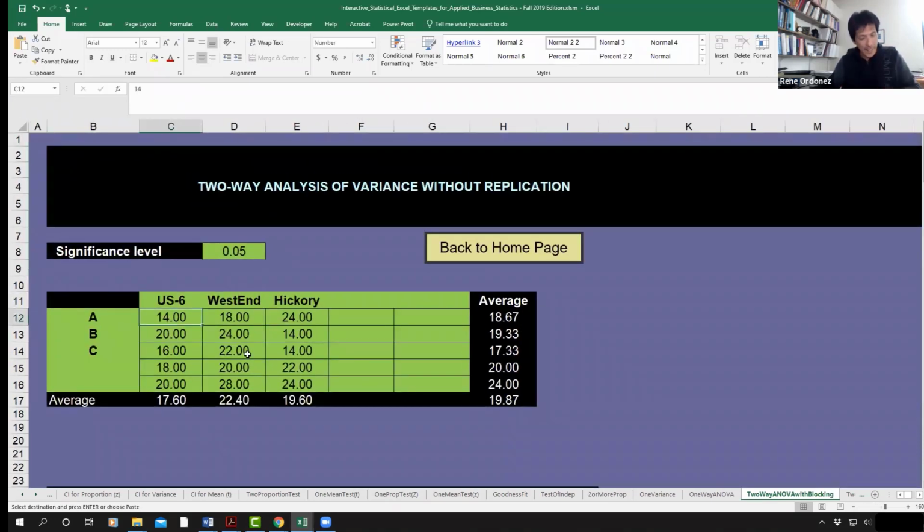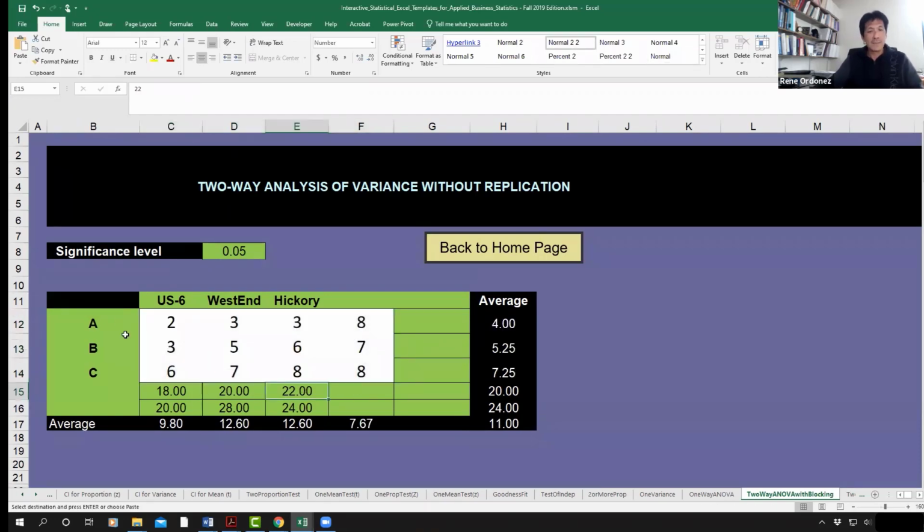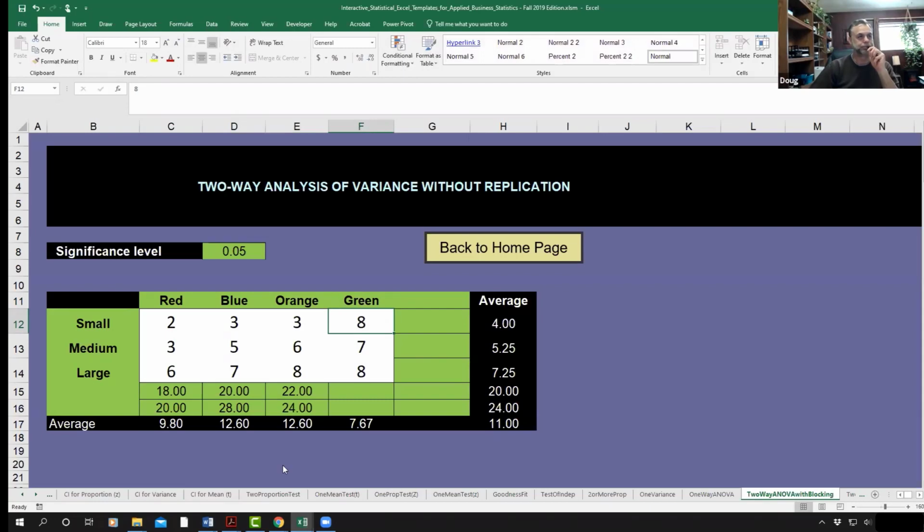I'm just going to paste what I copied, the response variable data. Okay. And I'm going to replace the labels. So this is small, this is medium, and large. And this would be, I think, correct me if I'm wrong, red, blue, orange, and green. Okay, that's correct? That's right. That's the data.